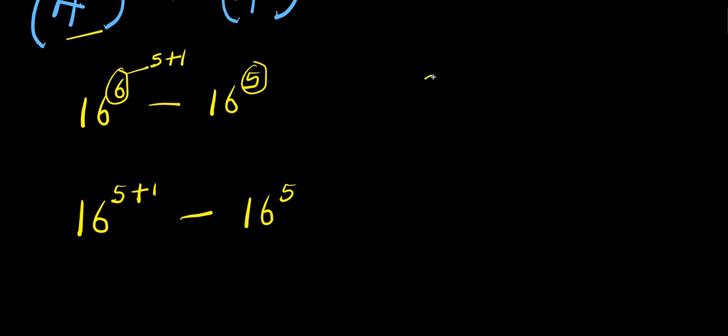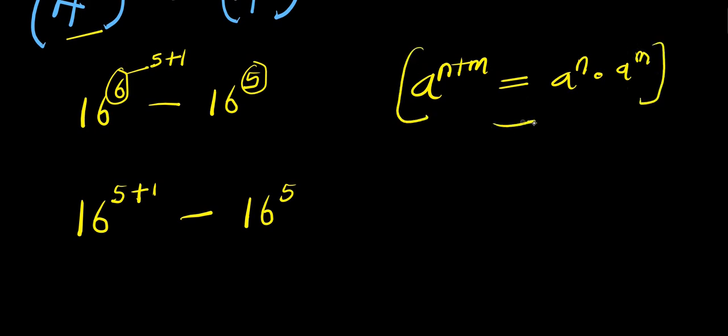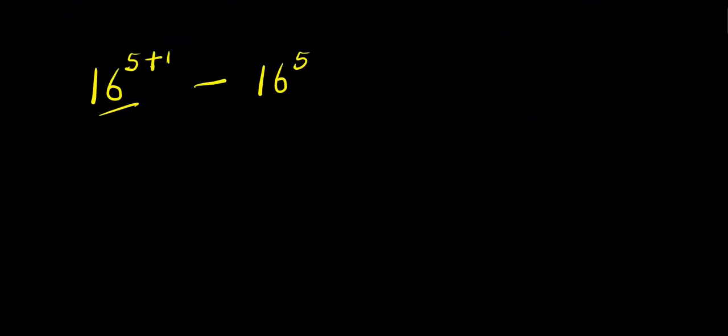Now, if you have a power n plus m, this equals a power n times a power m. Applying this identity right here, I will simply have 16 power 5 times 16 power 1 minus 16 power 5.